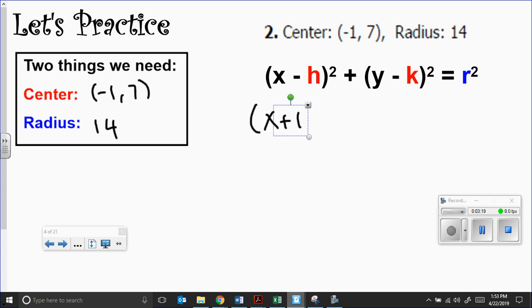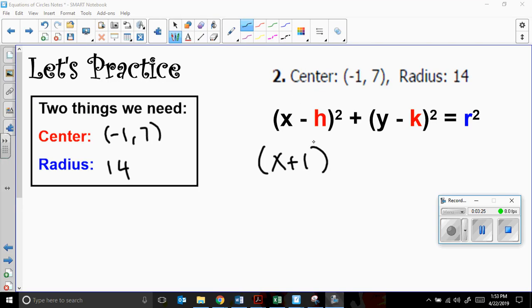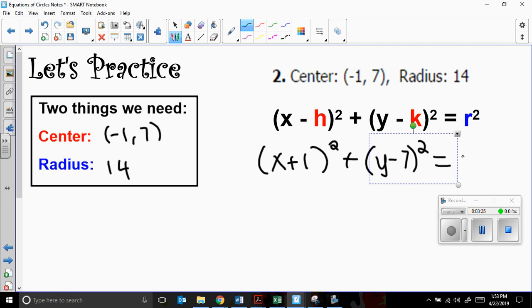So this will be (x + 1)² + (y − 7)² = the radius squared. Remember that it's going to be 14², which is 196. And so this would then be the equation to that circle.